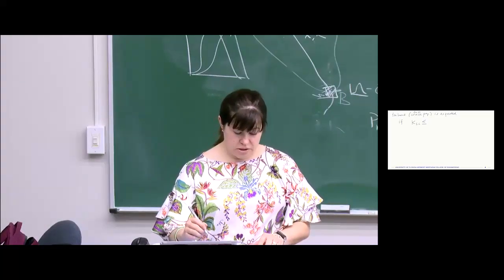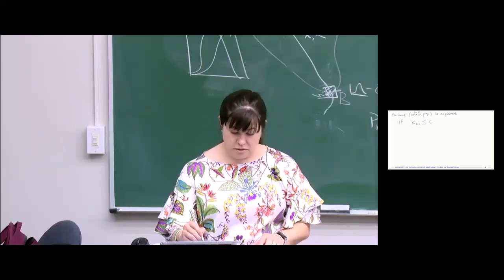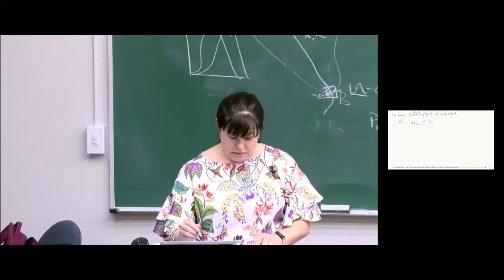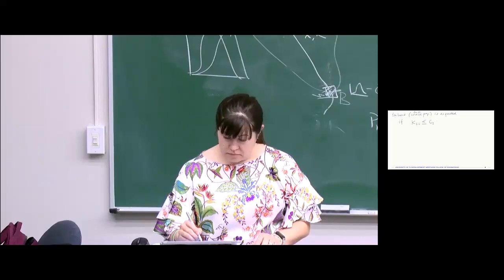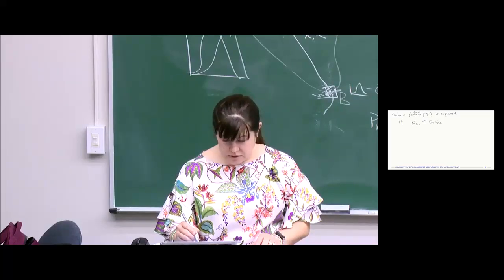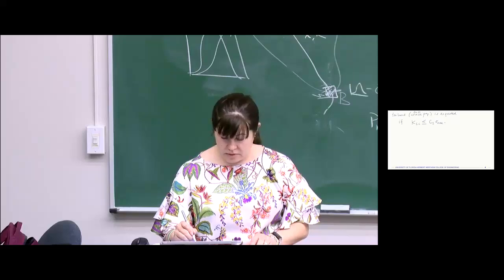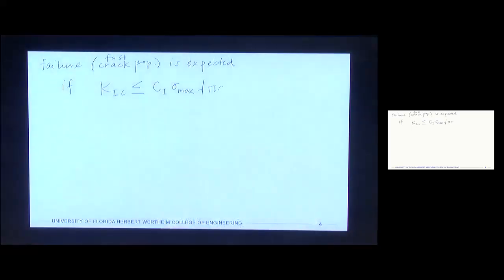So our situation is going to be some kind of a geometric factor, we'll call it C1, times our maximum stress that's being applied, times square root pi A, where A is the crack length in this situation.